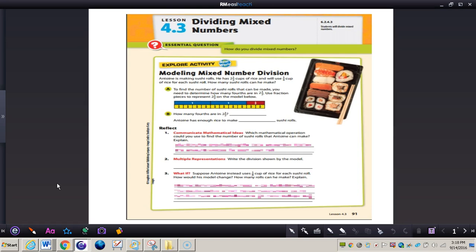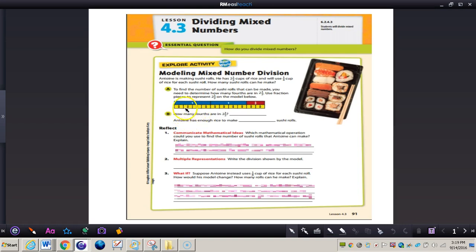Now you can use fraction pieces, as you can see right on my screen, to represent 2½ on the model below. Okay, so we can see 1 whole, 2 wholes, and a half, representing 2½. Now underneath these you can see how many fourths are in 1 whole. 1, 2, 3, 4, obviously.